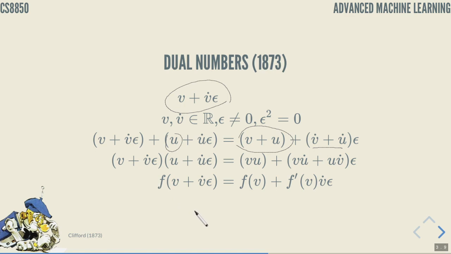A function of a dual number is nothing but the function of its real part plus the derivative of this function at the real part. So it's the compound function derivative, or chain rule. Well, after the next episode.